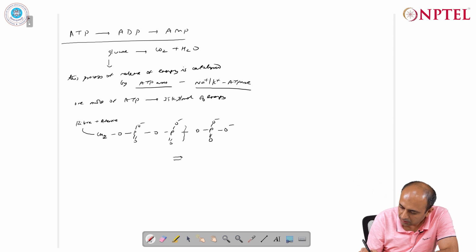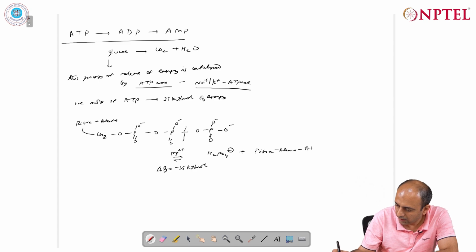and this happens in the presence of magnesium ion, and the delta G of this process is minus 35 kilojoules per mole. It gives you the H2PO4 minus ion plus the ribose, adenine and ADP, and this is the inorganic phosphate which is released.